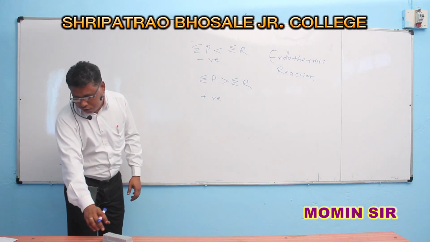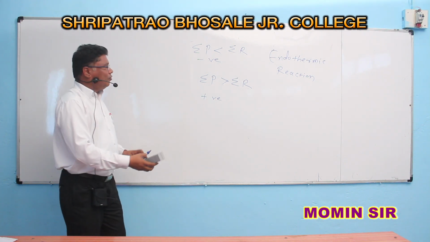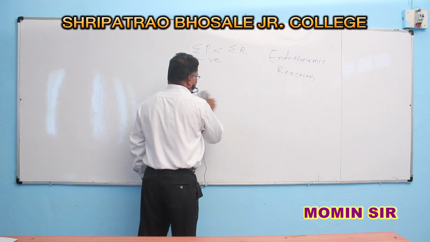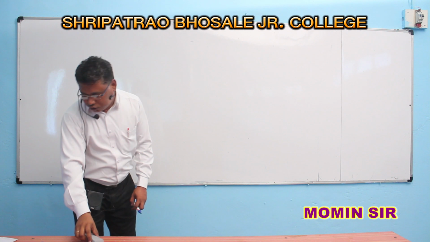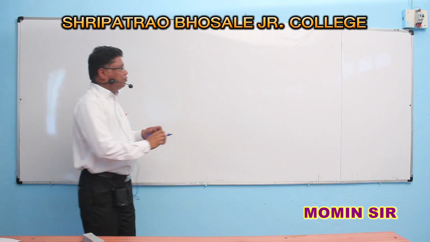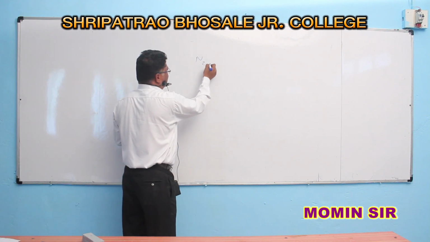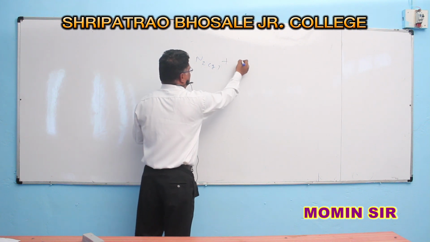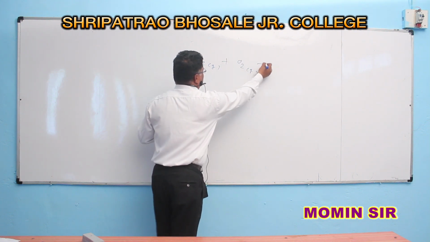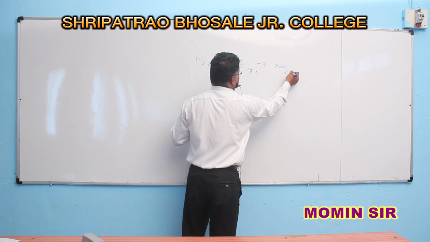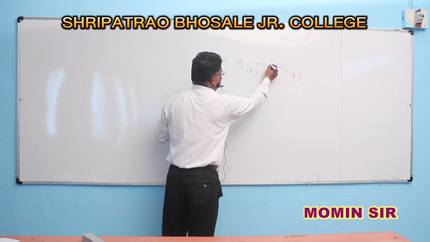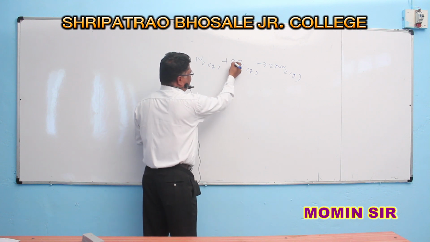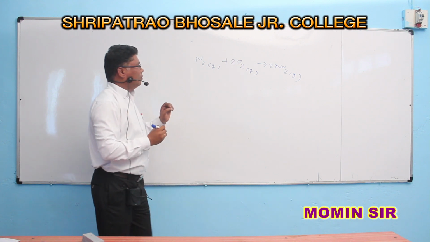So we want to know the examples of endothermic and exothermic reactions. For example, N2 gas plus O2 gas gives NO2 gas. To balance the reaction, we write 2 here and 2 here.